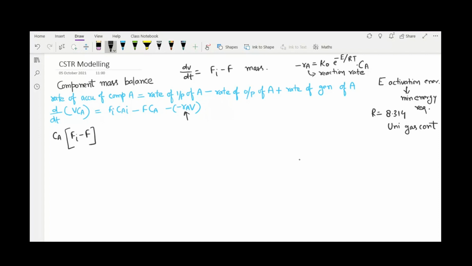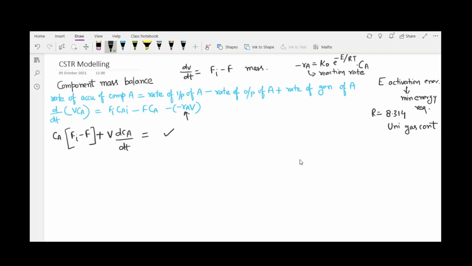Okay. So Ca into dV by dt, we can substitute Fi minus F here, and then we can write V dCa by dt. And then we will have Fi, Cai, and so on, right? The right hand side we will write as it is.